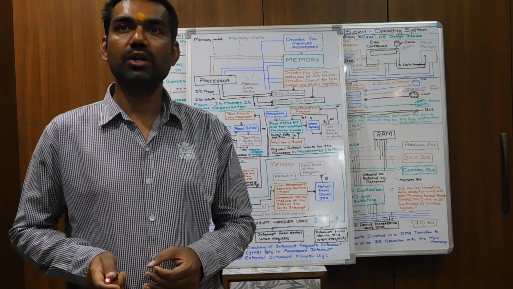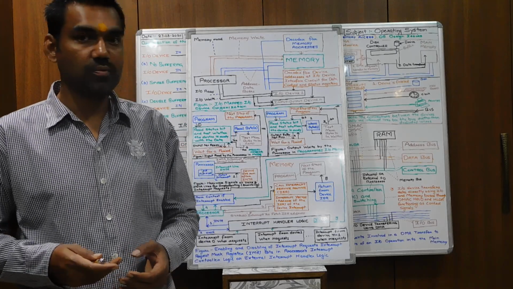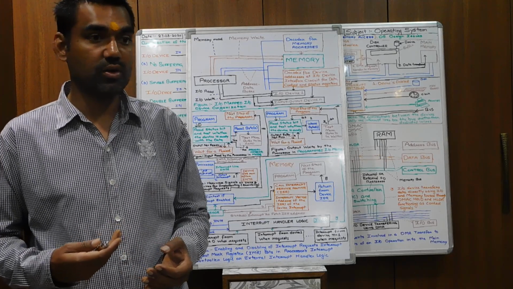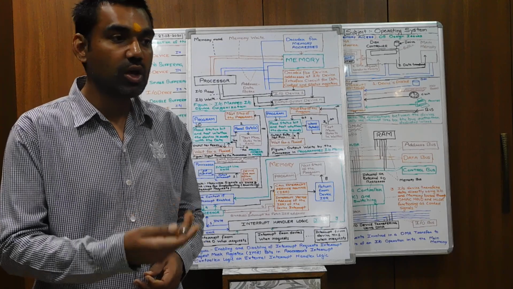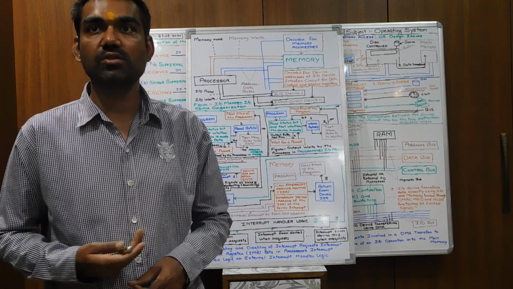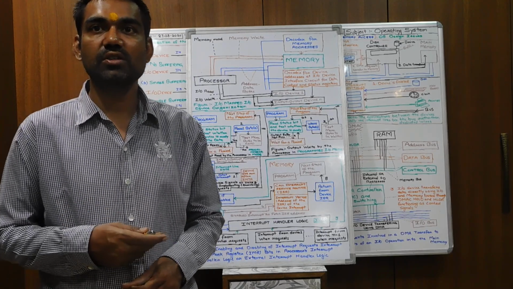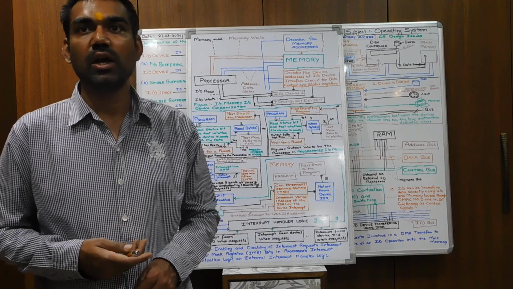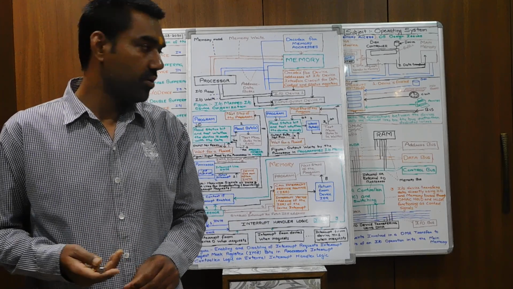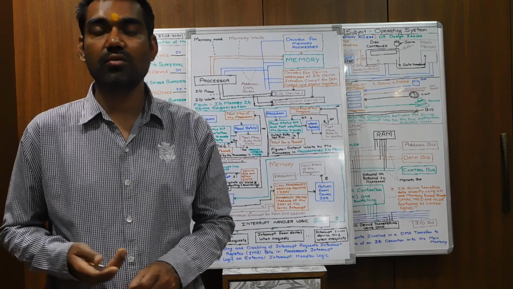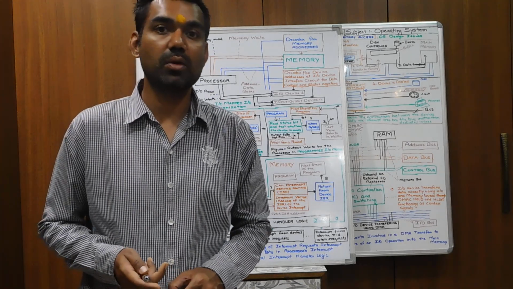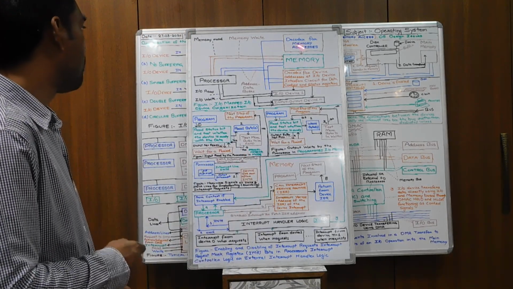So when we are referencing those control registers via the memory referencing instructions only, then no distinction is there. Then we say that we are performing memory mapped IO operation.